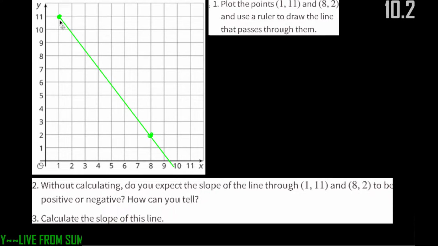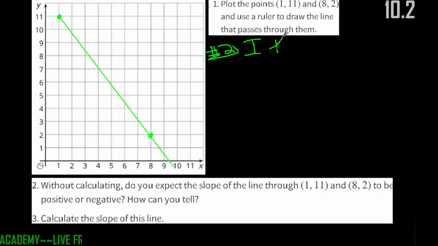Well, if I'm looking at this, as my x values increase, meaning as I move to the right, what's happening? Well, I'm going down the stairs. So for number 2, I think it is negative. You've got to say why.